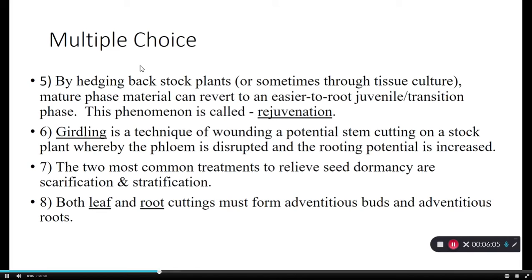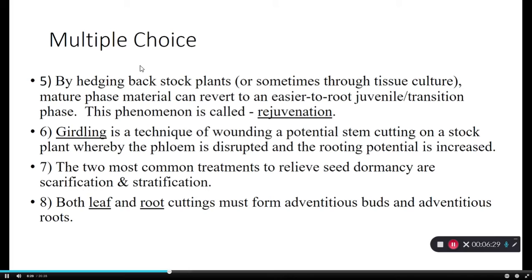Going to number 7, the two most common treatments to relieve seed dormancy, that would be scarification and stratification. Number 8, both leaf and root cuttings must form adventitious buds and adventitious roots.